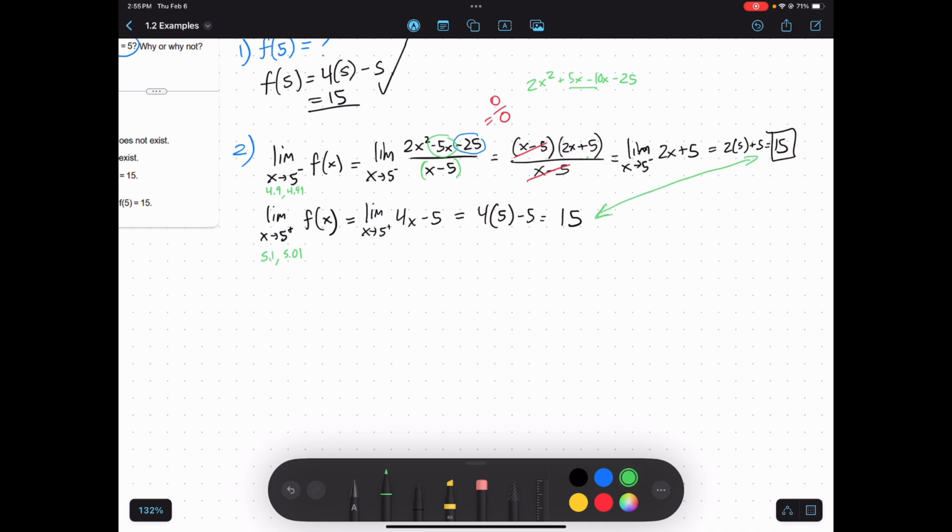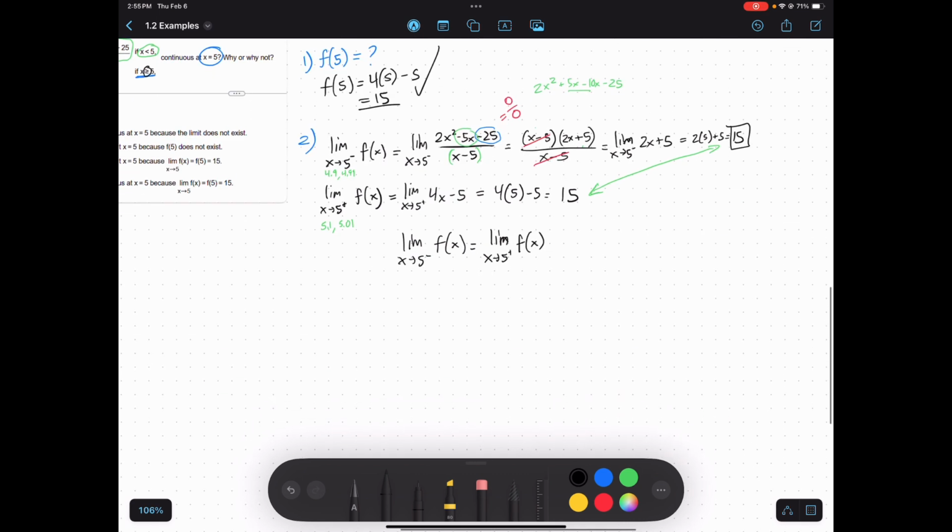So does the limit from the left side match the limit from the right side? Yes, they do. So it's official. The limit as x approaches 5 from the negative side equals the limit as x approaches 5 from the positive side. So criteria 2 is fulfilled. What about criteria 3?